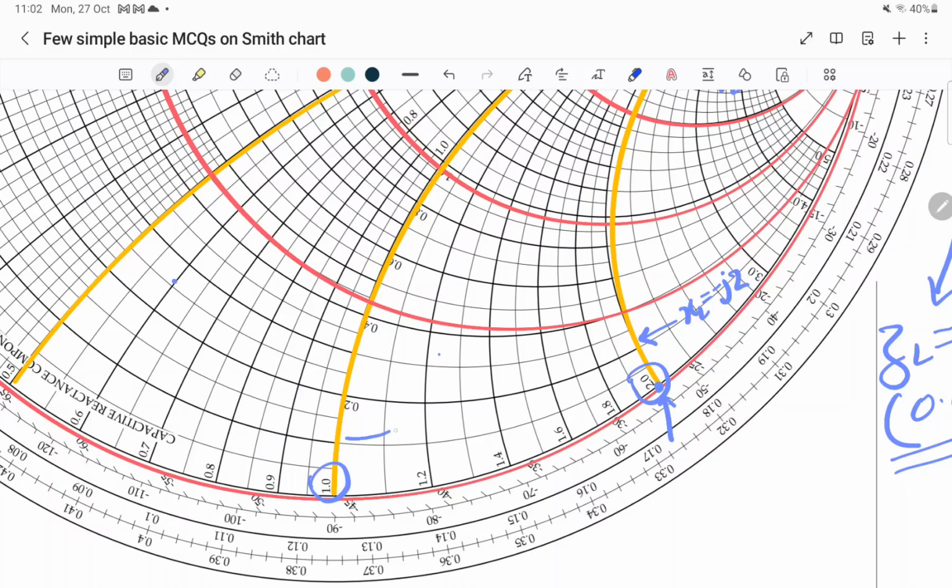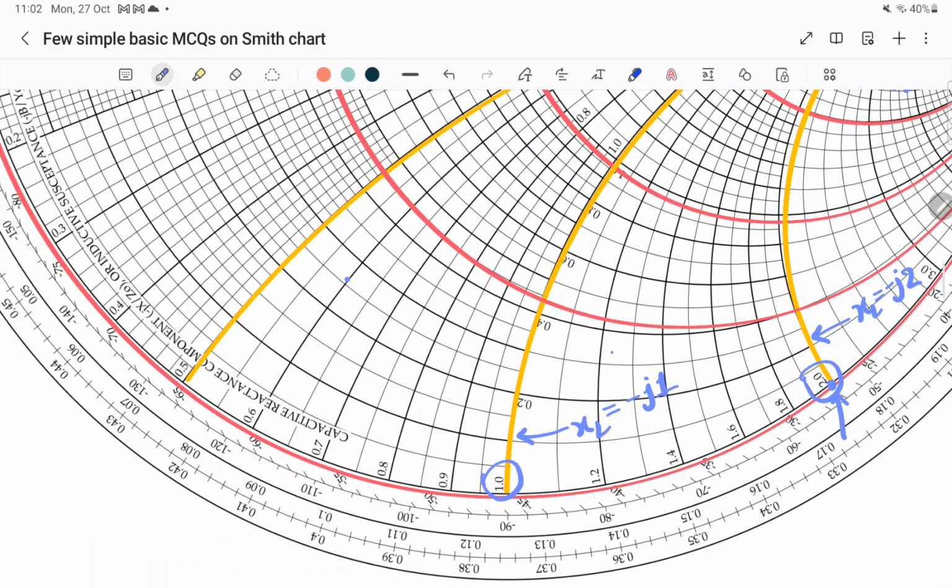Okay, and this circle is the locus of XL equals minus j1, and this one is the locus of XL equals minus j0.5. Why 0.5? Because it is passing through the 0.5 value.